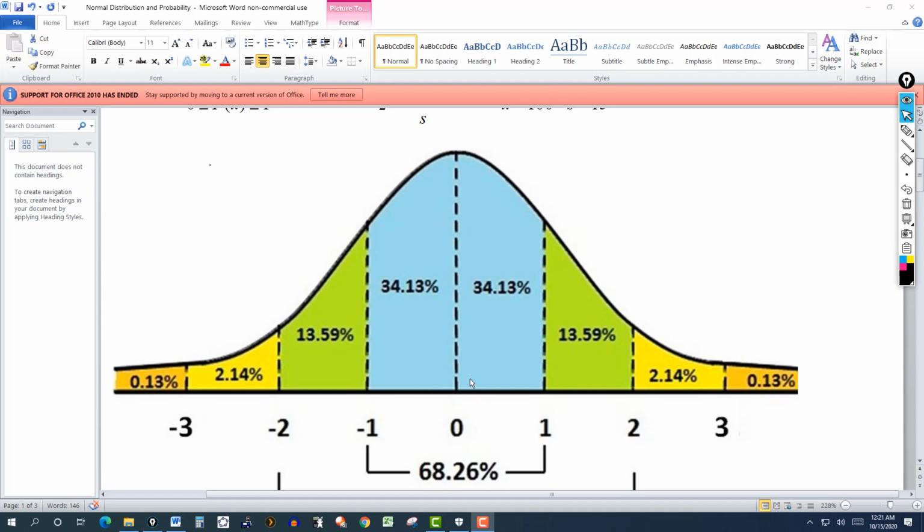So 0 corresponds to the mean or the average. -1 corresponds to a value 1 standard deviation below the mean. -2 corresponds to a value 2 standard deviations below the mean. And -3 corresponds to a value that is 3 standard deviations below the mean.